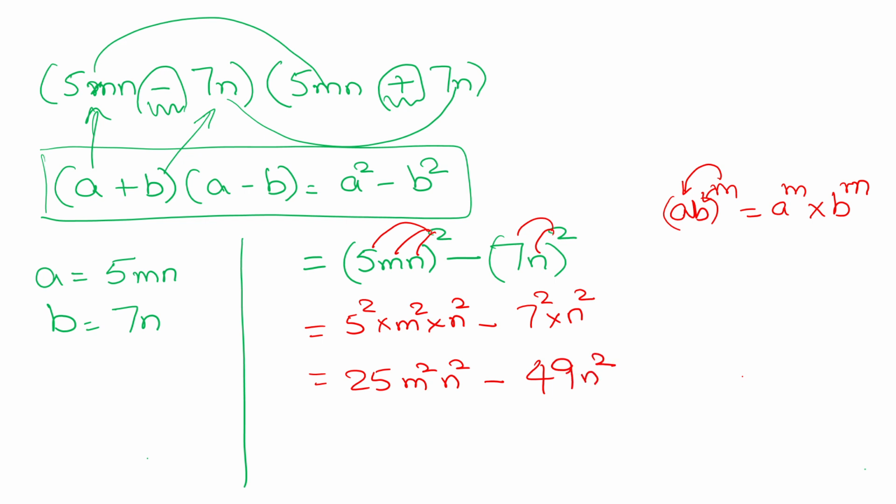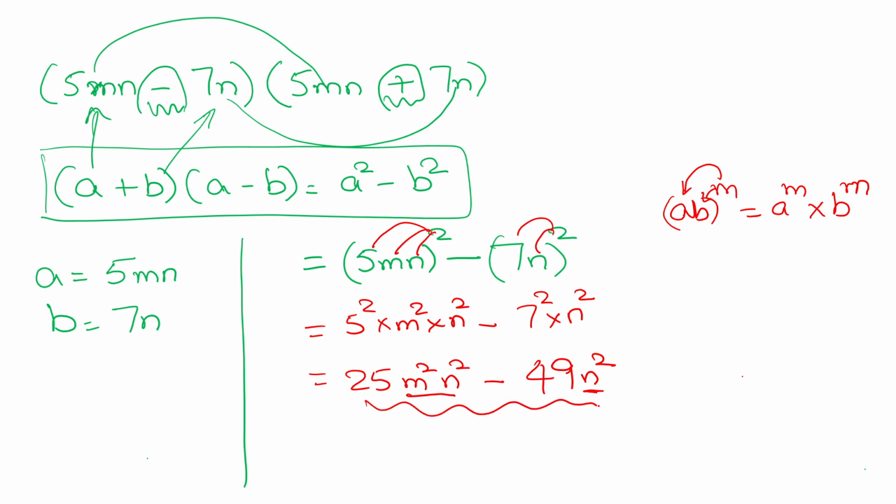Now my last question is, can we add or subtract 25m square n square minus 49n square? You may say that, sir, in the first term we have n square and the second term also we have n square. So can we do it? No, we cannot do it because the variable is entirely different. The first one has m square n square and the second one has only n square.